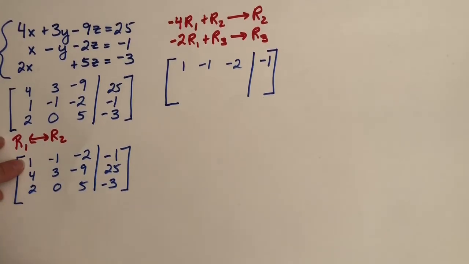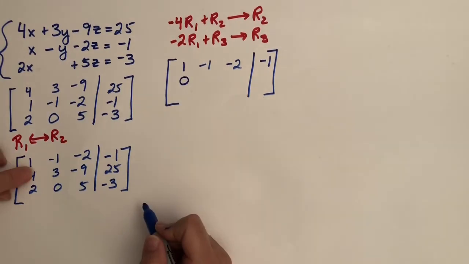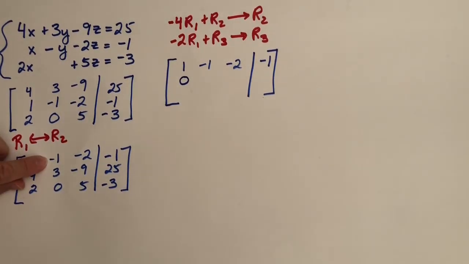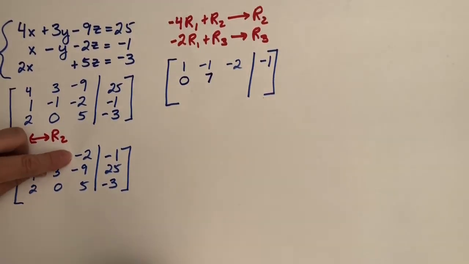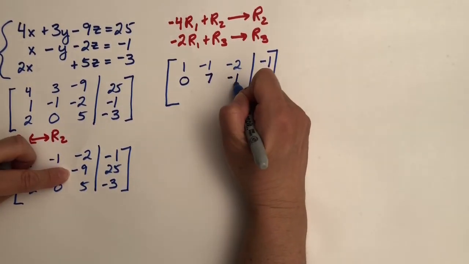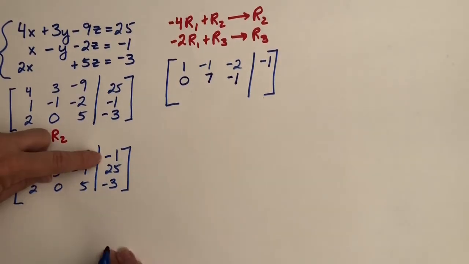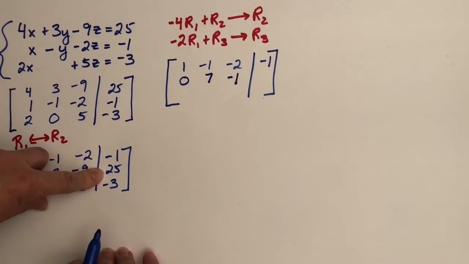So -4 times 1 plus 4 gives us 0. -4 times -1 is +4, plus 3 is 7. -4 times -2 is 8, plus -9 is -1. -4 times -1 is 4, plus 25 is 29.